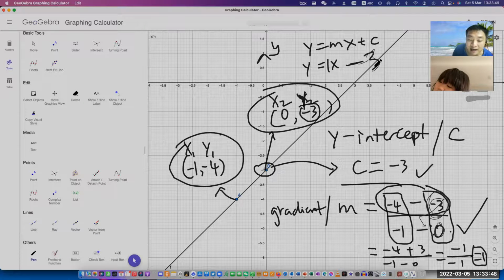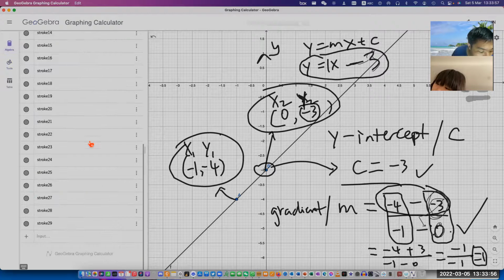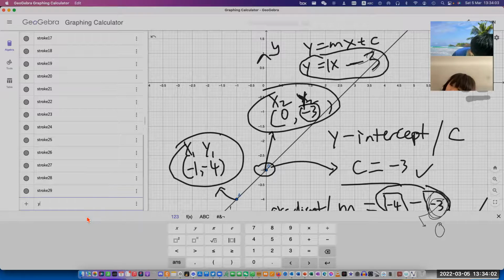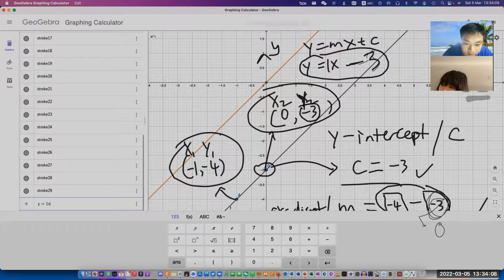Okay, so I can verify very quickly by using technology. How? Let me insert y equals 1x minus 3 and see if I can get the same line.